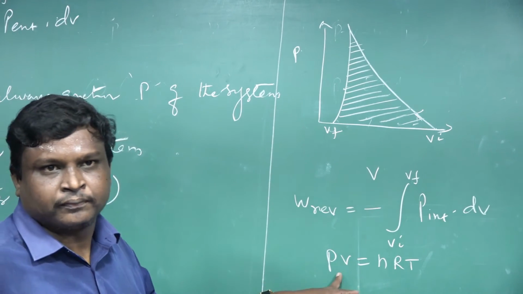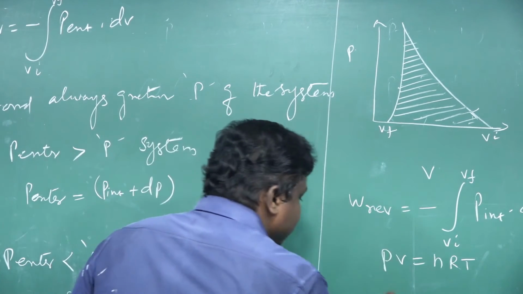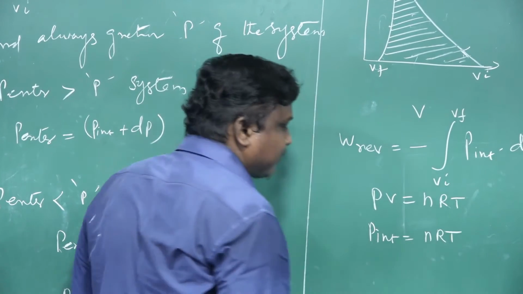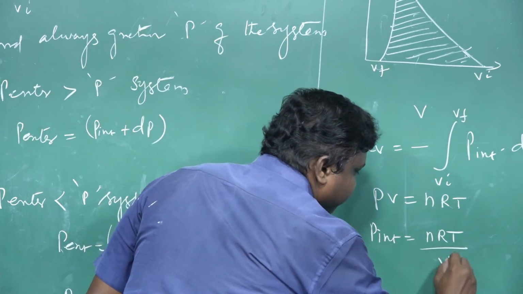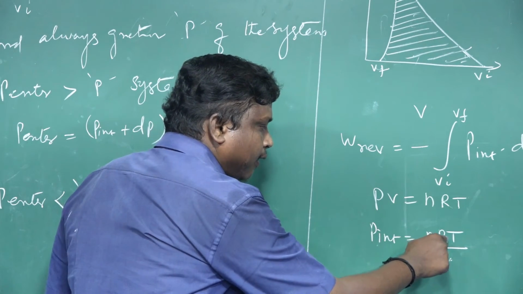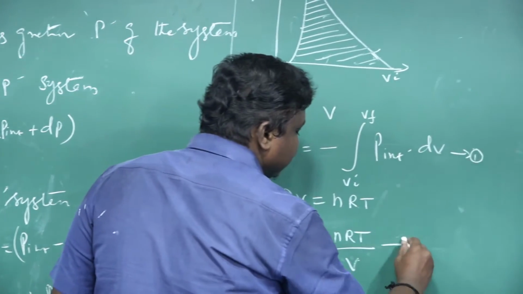PV equal to nRT, so the pressure is P equal to nRT by V. This is equation 1. This is equation 2.